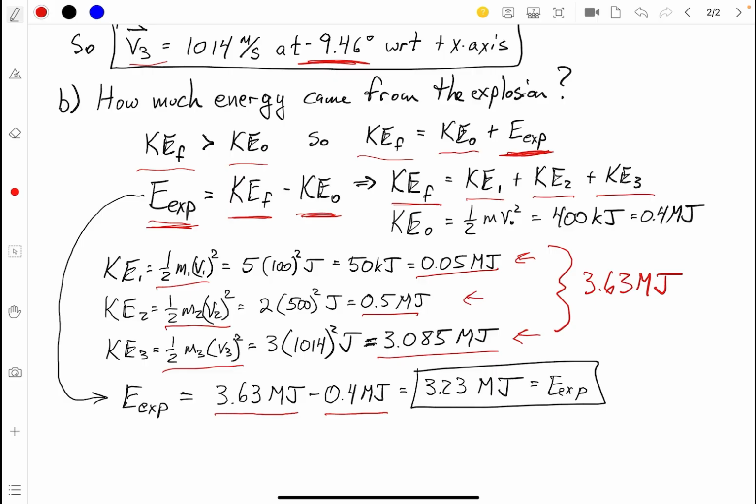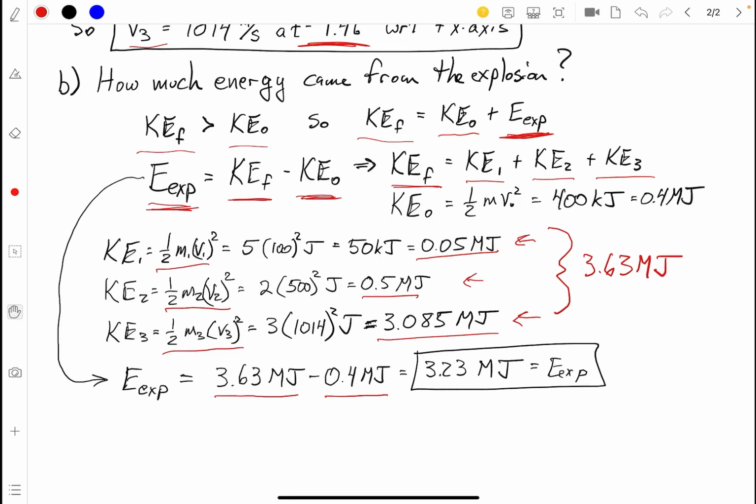I did it in this way because it's easy to see in megajoules. We can just drop the 4 into the 6 and we end up with 2. So we've got 3.23 megajoules is our explosive energy. And that's it. We're done.